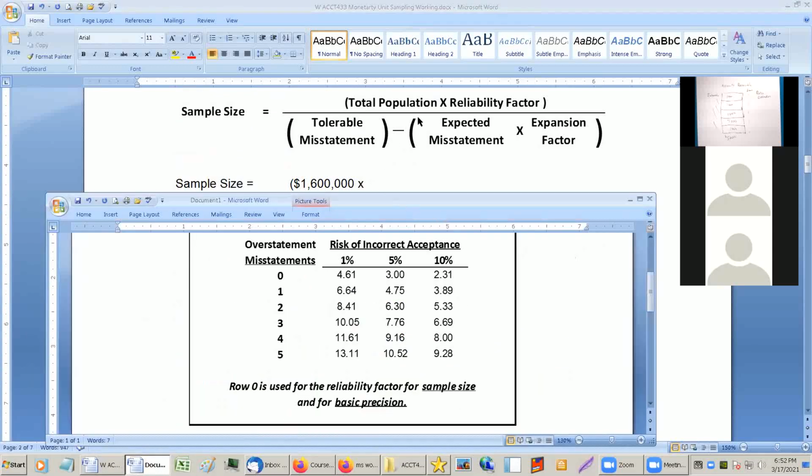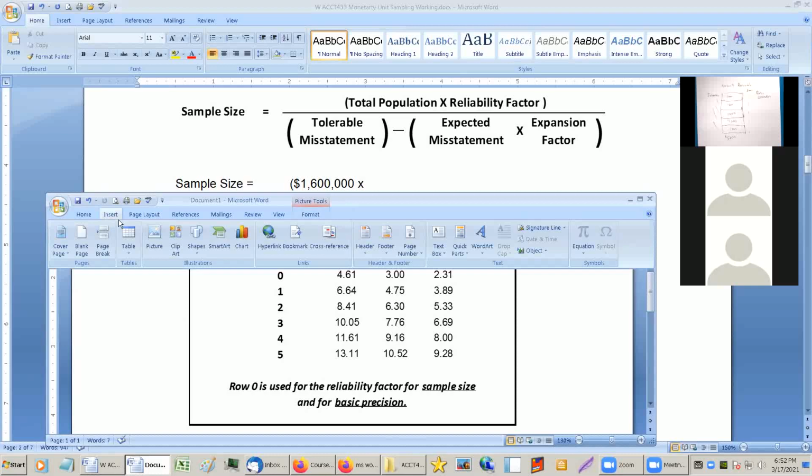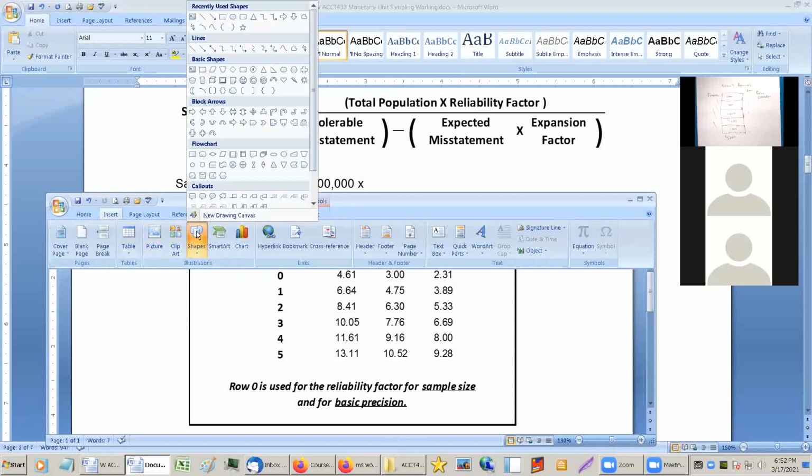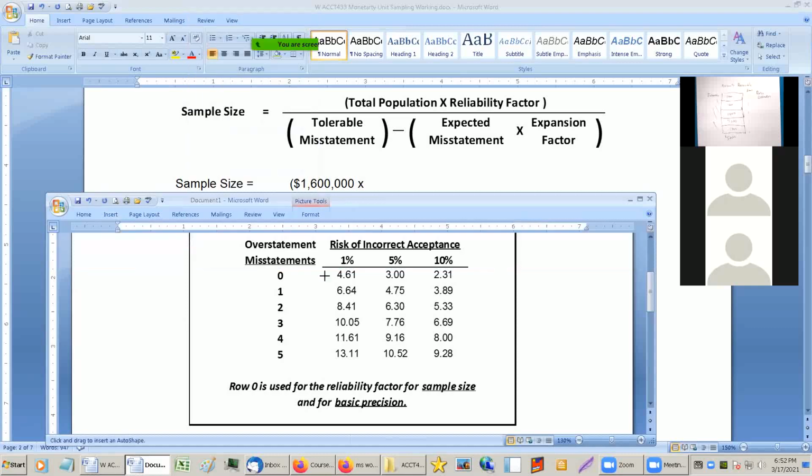Okay, so up here we've got the reliability factor. So let's go down here. We see 5% here. They say row 0 is used for the reliability factor for sample size, which we're doing, and for basic precision, which we haven't done yet. So row 0.